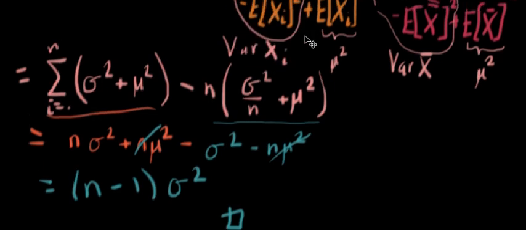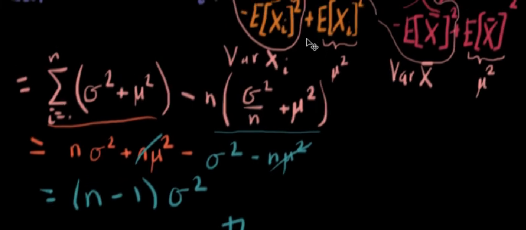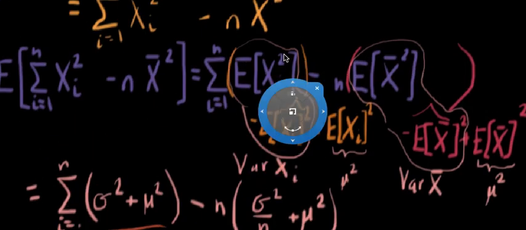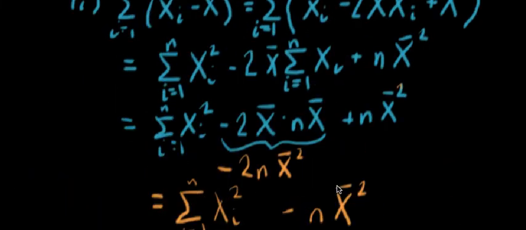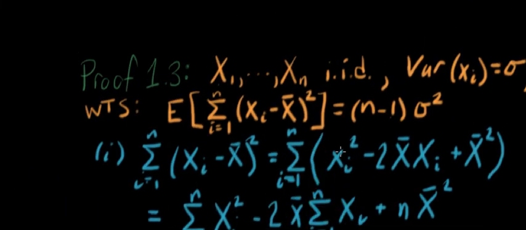And just to remind ourselves, n minus 1 times sigma squared, going all the way back up here, is the expected value of this sum of these squares. And we are done with this proof.